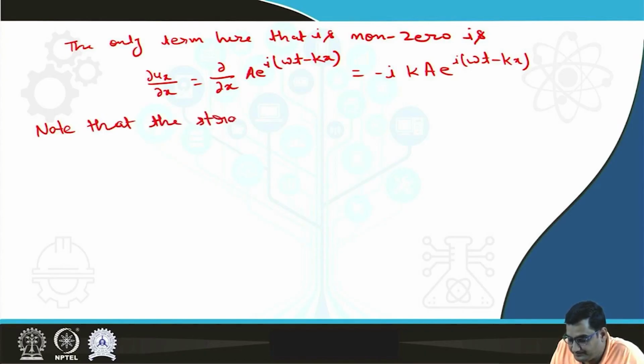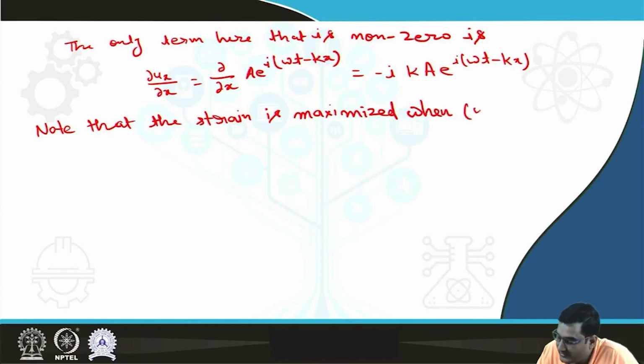Note that the strain is maximized when omega t minus kx is equal to pi by 2, right?